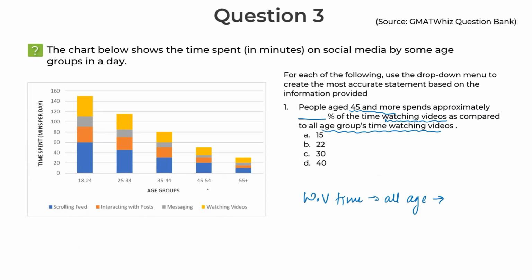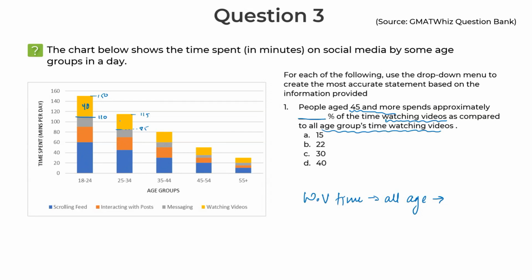So I need to find out the one in the yellow for each one of them. Let us go ahead and find that out. This is from 110 to 150, so this is about 40 minutes. This one is from 85 up until 115, so 115 minus 85 is about 30 minutes.